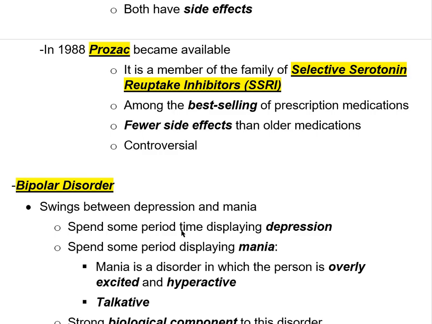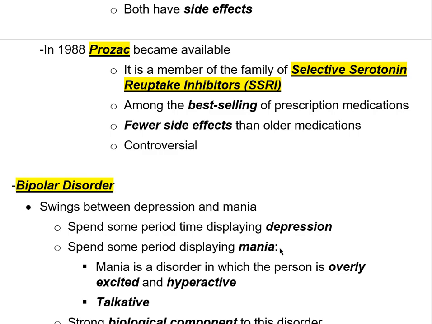You'll spend some period of time displaying depression. You'll spend some period of time displaying mania. Now, before I talk about what mania is, these swings between these two mood states vary from person to person and from time to time. You might spend several weeks depressed, and then several weeks relatively normal, and then several weeks in a manic phase.